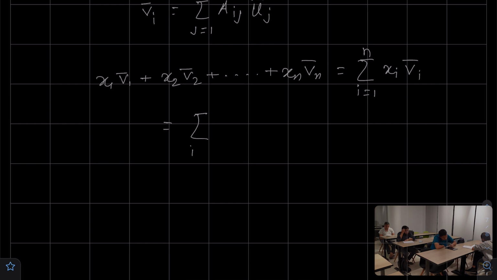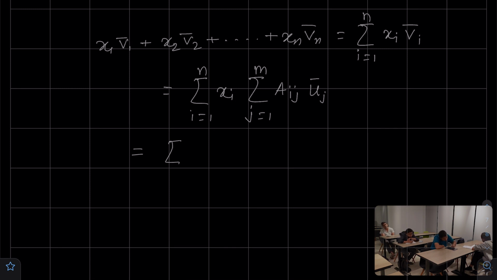And this is equal to the sum over i equals 1 to n of xi times the sum over j equals 1 to m of aij uj.